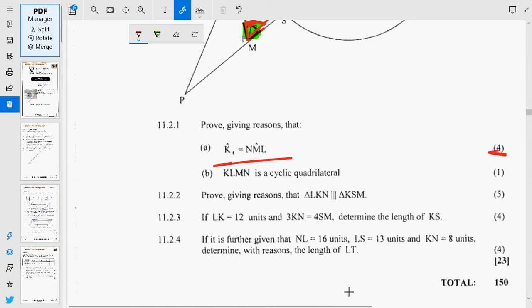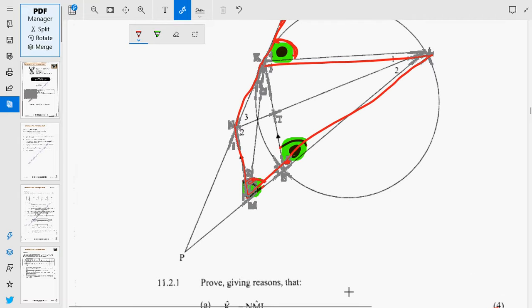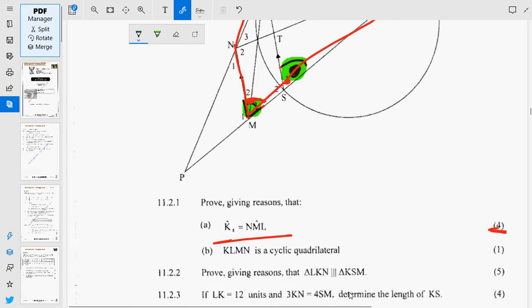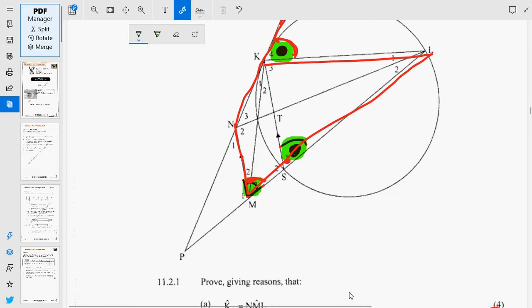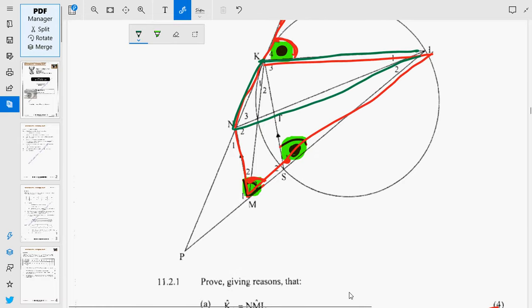Now, the third part of the question asks us to prove that LKN is similar to KSN. So let me highlight the triangles so that you can see. They're asking us to prove that LKN, so this triangle here, is similar to KSN. Okay, so this triangle here.